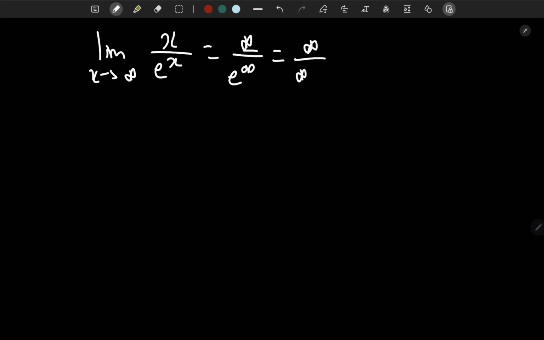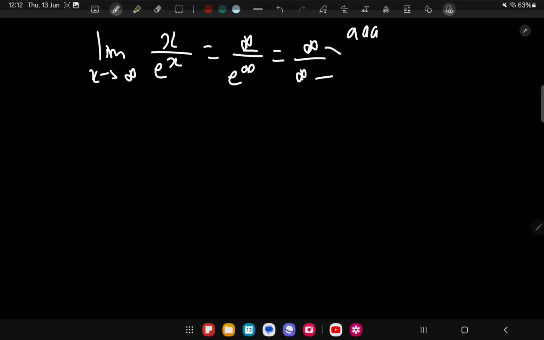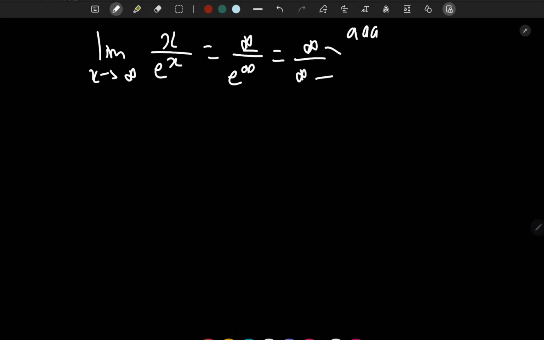So just a thought there. Here we don't know which infinity is increasing at a faster rate. Let's say the numerator is like 909 trillion or whatever, but the denominator is increasing at a faster rate than the numerator.